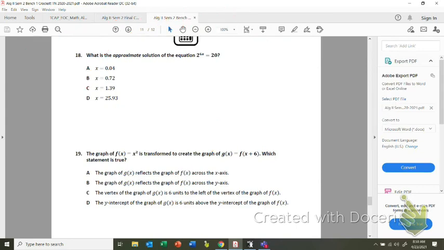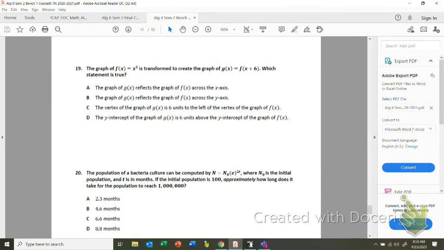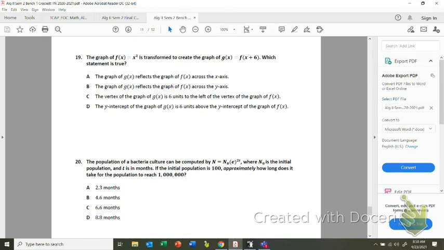All right, 19. 19's easy too. We're looking for a transformation from x squared, and then we change it, or we move it. When you see f of x plus 6, what does that mean? Does it mean to reflect? Do you see a negative sign?